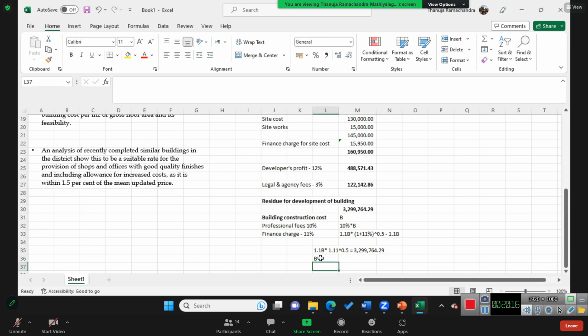Excuse me, madam. Yeah. It can't be cancelled, the 1.1B, you know, to the 1.1B into 1 plus 11% in the to the power 0.5, no? Yeah. So that how can it 1.1B into 1?